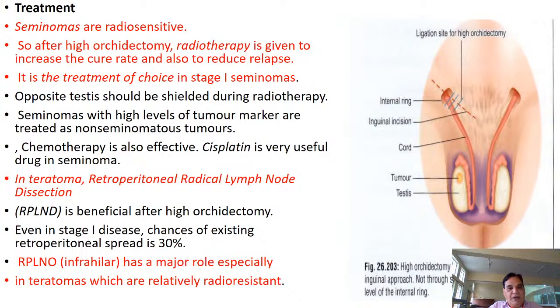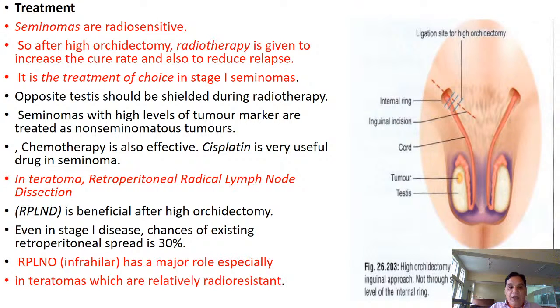Treatment is very simple. It is always orchidectomy first. All orchidectomy should be done as high orchidectomy. The difference in treatment lies in what comes after: radiotherapy is given as a cure and to reduce relapse in case of seminoma. Seminoma is radiosensitive, and in early stages radiotherapy is the treatment of choice in stage 1 seminomas.